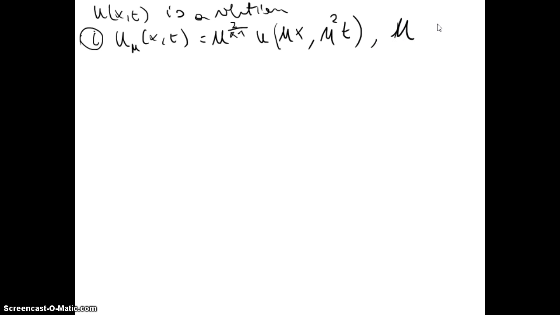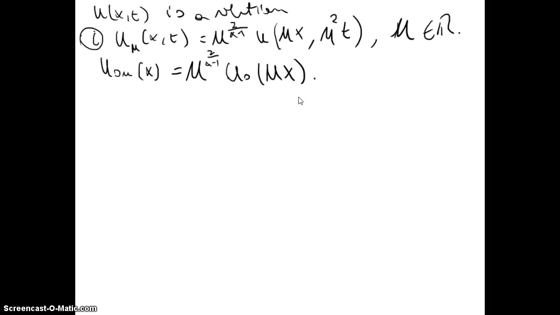Let's call u_mu(x,t) equal to mu^(2/(alpha minus 1)) u(mu x, mu^2 t), and mu is a real number, with initial data given by u_mu,0(x) equal to mu^(2/(alpha minus 1)) u_0(mu x).